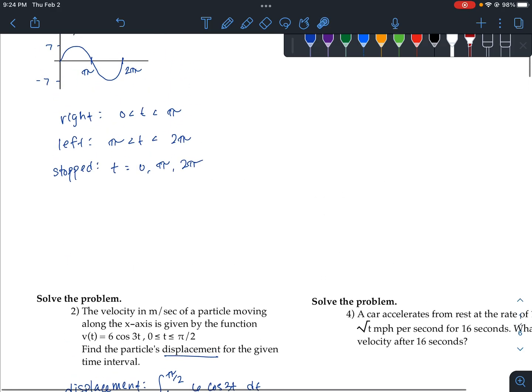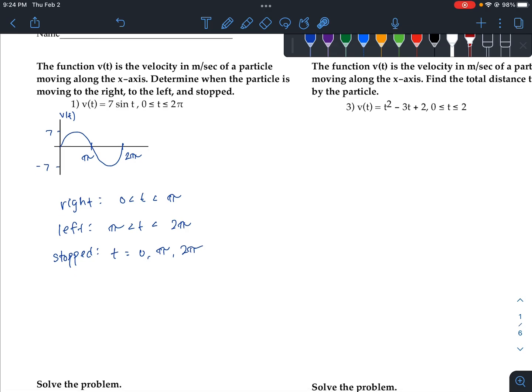So going back up here, remember that area underneath the curve is distance traveled, and if the area is above the x-axis, that's distance moved in a positive direction, and area that's negative is distance traveled in the left direction. So if you were to add up these areas, not using absolute values, so using both positive and negative, that will tell you the displacement.